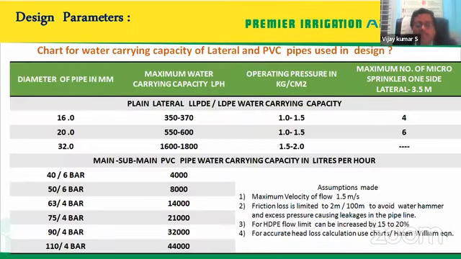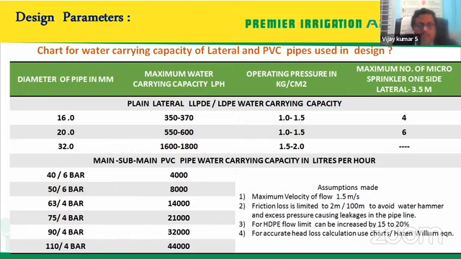Now, this chart I had already shared with you, but I'm just extending it. In order to do the design, we will need to know how much each of our tubing, that is our water carrying pipes, can carry, whether it is the main water carrying system or the distribution system. As you know, linear low density polyethylene pipes, or LDPE pipes, are used, and we have them in standard sizes of 16, 20, 25, and 32.